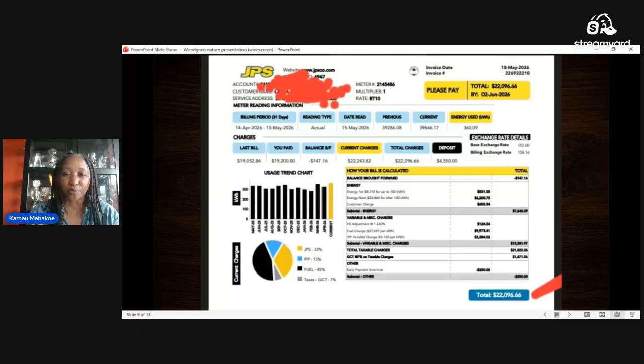So where you see previous and current, the previous reading was the last reading that they took. That's last month. And the current reading is what your meter is saying right now.